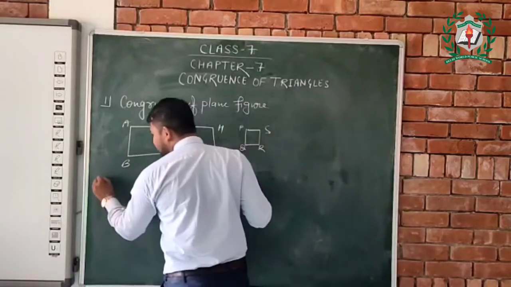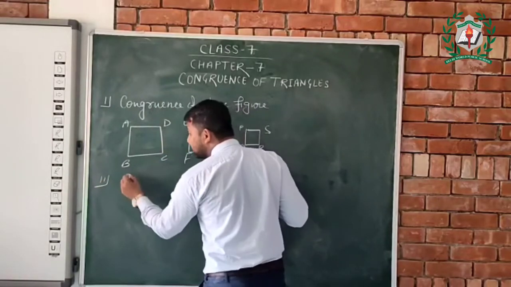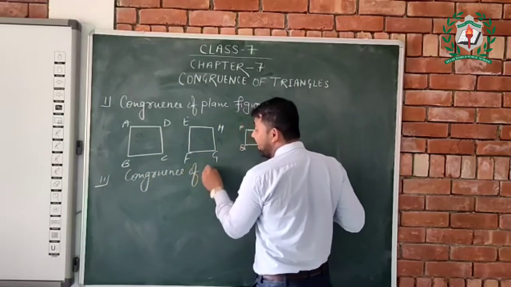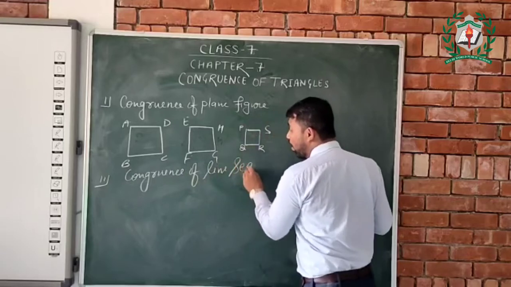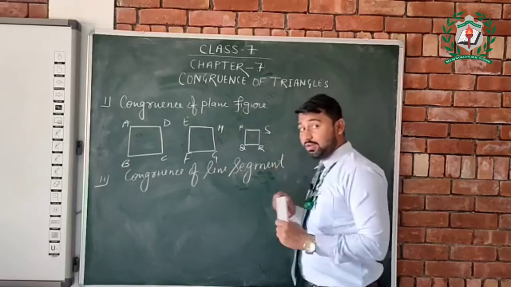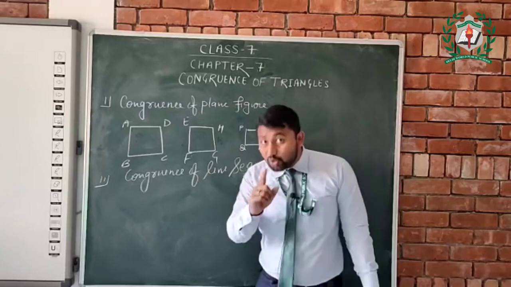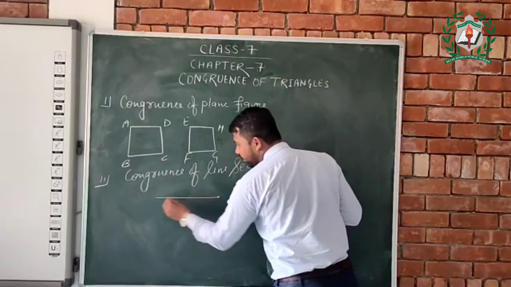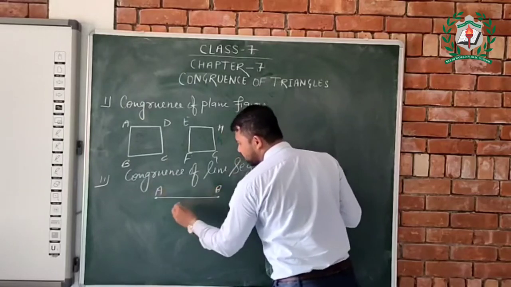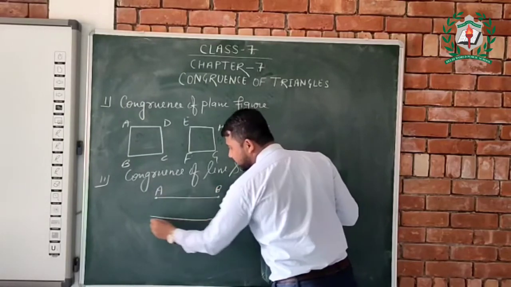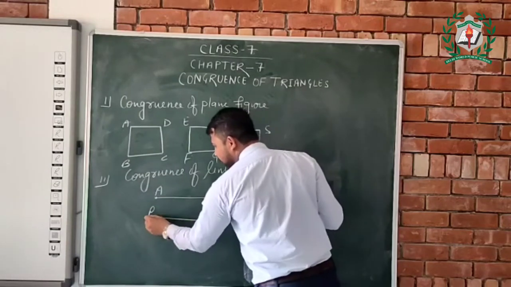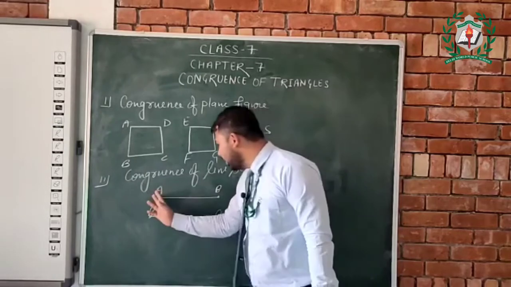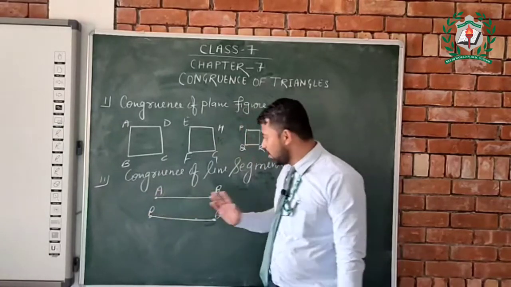And the second point is congruence of line segments. You all know about the line segment. Don't hurry. Vishal, do you know about the line segment? Yes sir. For example, this is the first line segment AB, and the second line segment is PQ.